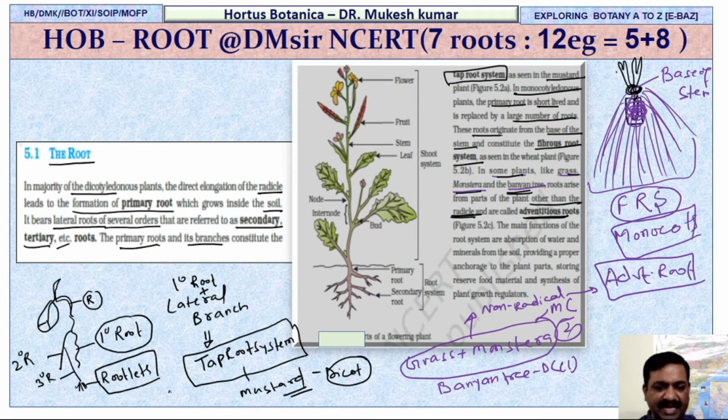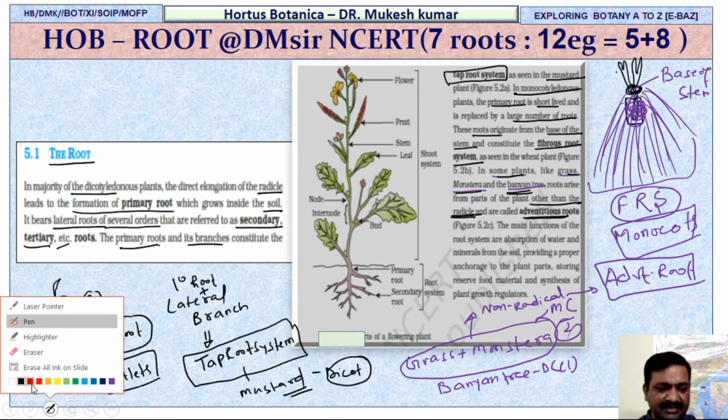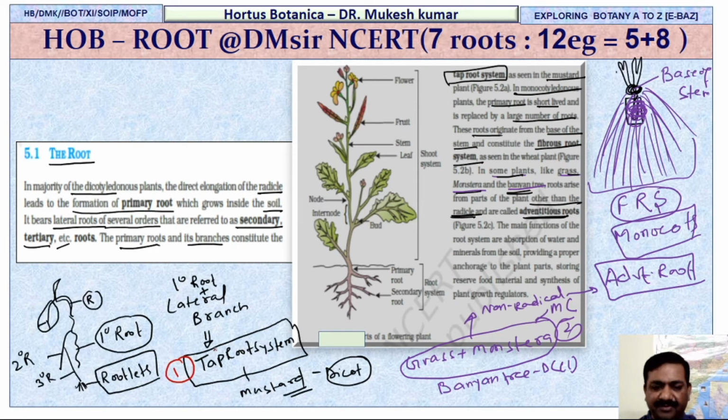So we can summarize this. First we have the taproot arising from the radicle. Second we have the fibrous root system, especially in the case of monocots. The taproot is especially in the case of the majority of dicots. And we have also a third type, the adventitious type.